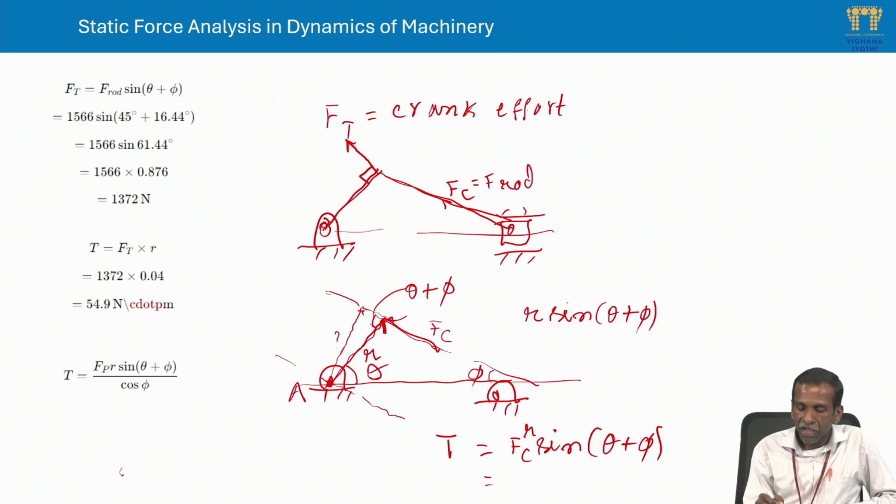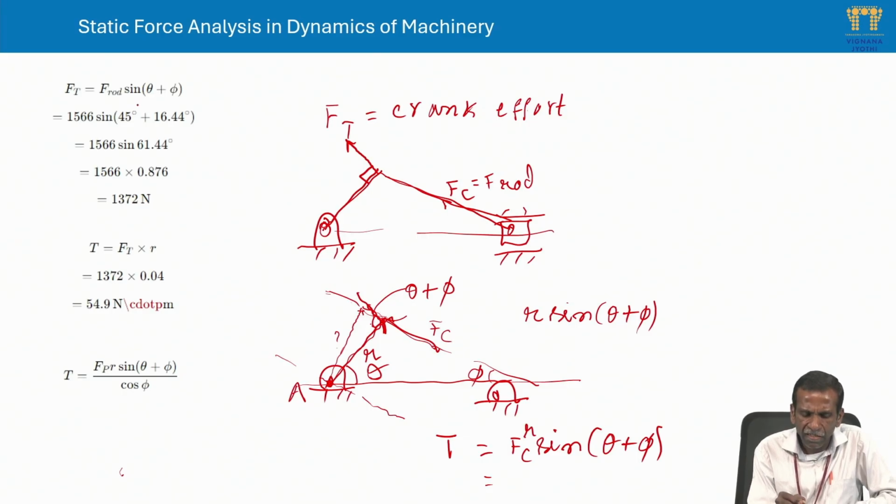Or if you want Ft, then Ft is Fc sin(theta plus pi), because this is theta plus pi, and this is the perpendicular I want.